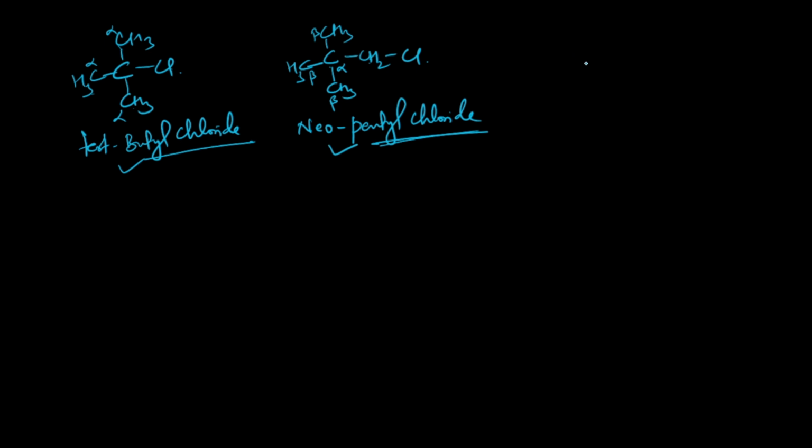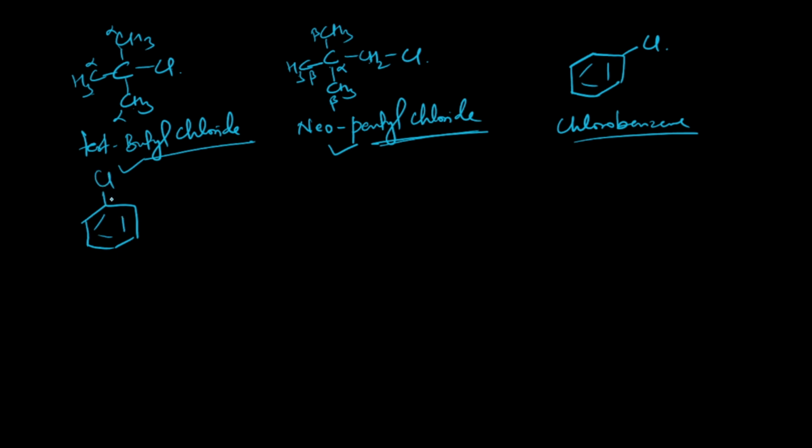And even for haloarene, if you are adding chloro here, it will be chlorobenzene. Now if you are adding one chlorine here, and another chlorine is there, in IUPAC convention the positions will be 1, 2, 3, 4, 5, and 6.